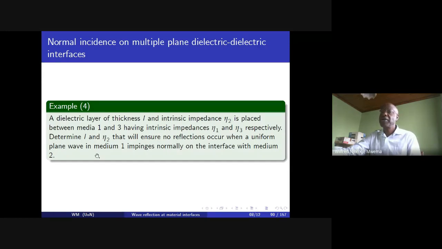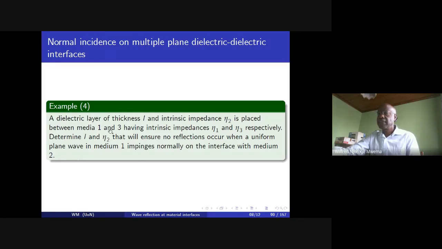So what we are required to do is to determine a value for the thickness of that medium, which we are calling medium 2, and its intrinsic impedance, assumed of infinite extent, that will ensure no reflections occur when a uniform plane wave in medium 1 impinges normally on the interface with that medium that we are dealing with.